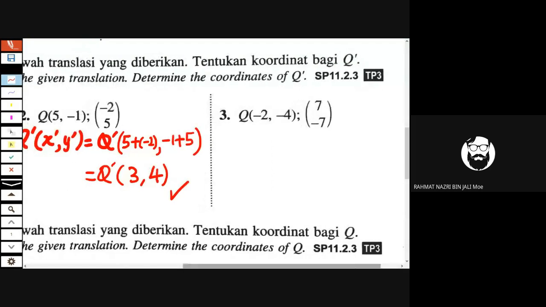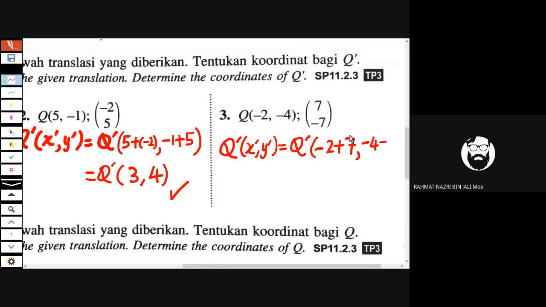Soalan nombor 3. Sama juga. Q prime with the coordinate X prime, Y prime sama dengan Q prime. Kita ambil ini daripada objek -2 tambah dengan horizontal distance 7, comma, -4.